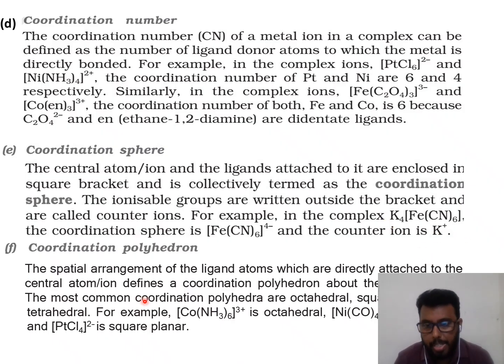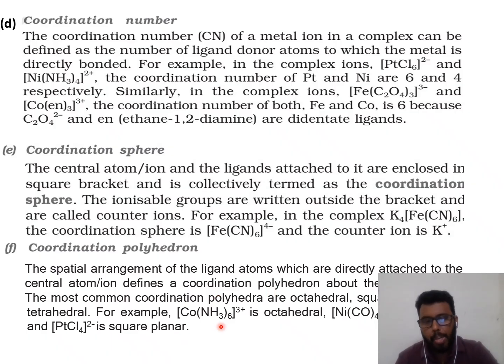Okay, coordination polyhedron. This is related to the spatial arrangement of the ligand atoms which are directly attached to the central metal atom or ion. For example, if you have this hexaamminecobalt complex, the 6 ammine groups will be spatially arranged like 4 in the plane, the fifth one above the plane.